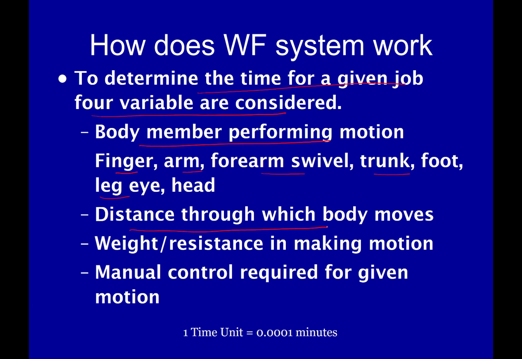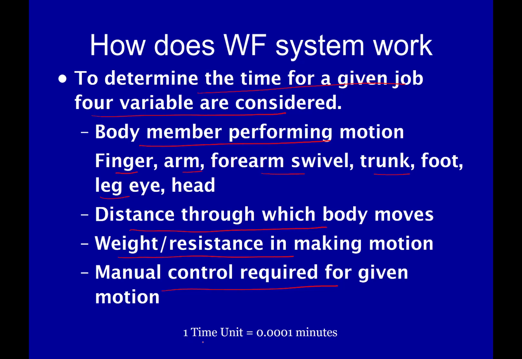The distance that needs to be traveled by the body part during the job, the weight or resistance that will be there in making the motions, and the manual control that is needed.